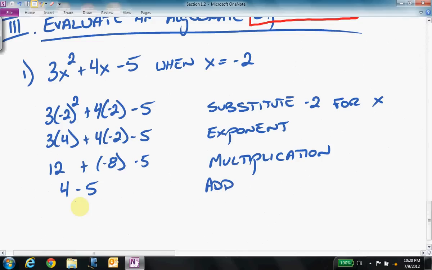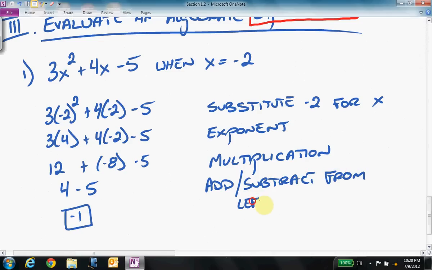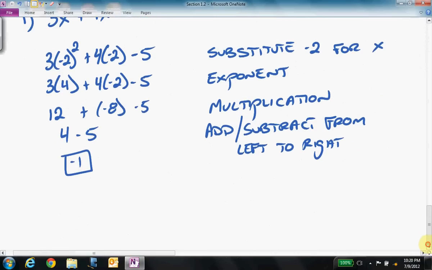So basically we did our addition there. 4 minus 5 is -1. So we add, subtract from left to right. Alright, let's do one more of those and then we'll move on to simplifying by combining like terms.